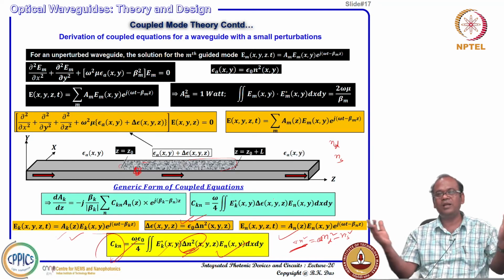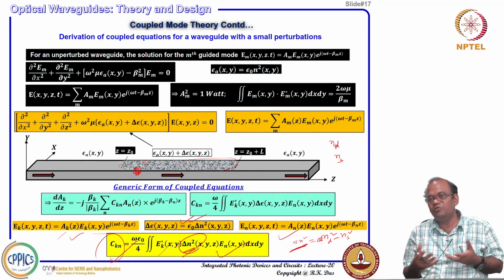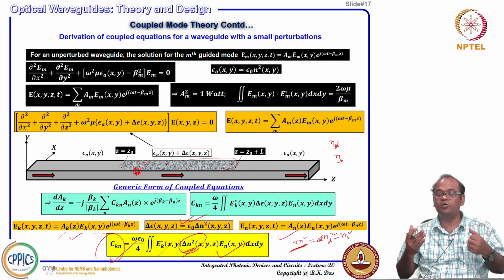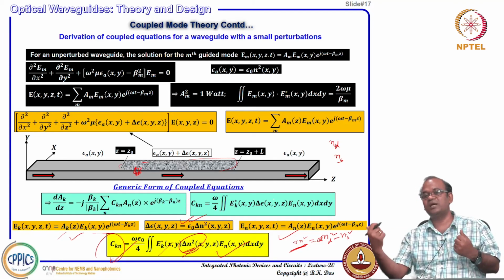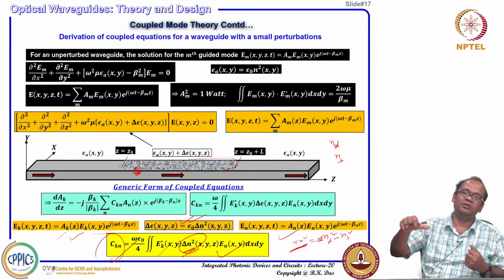Normally in a waveguide only a few modes will be there. You will be designing a single mode waveguide with only one particular mode, or maybe 2 or 3 modes at most. Or even in a single mode waveguide you are handling one mode in the positive direction and another mode in the reverse direction.